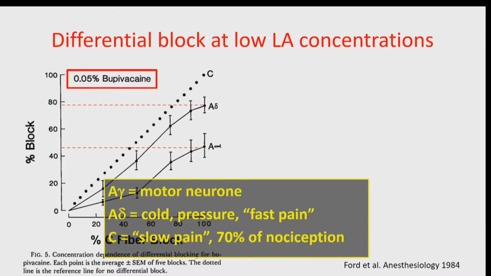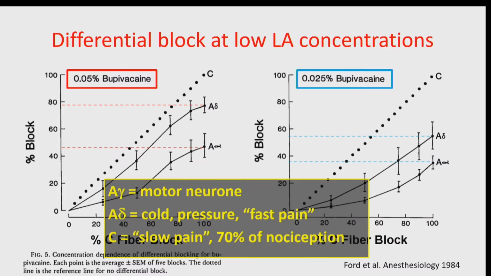It's 70% of nociceptive fibers. They were able to block 100% of them, yet only result in a less than 50% blockade of A gamma, which are motor neurons, and less than 80% blockade of A delta fibers, which carry cold pressure and also what's known as fast pain, the kind of pain that mediates the withdrawal reflex.